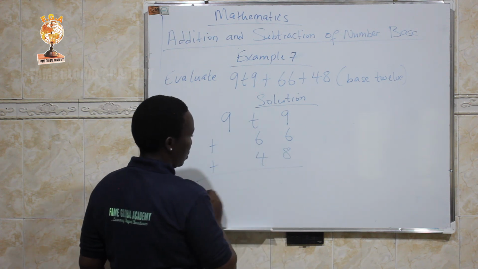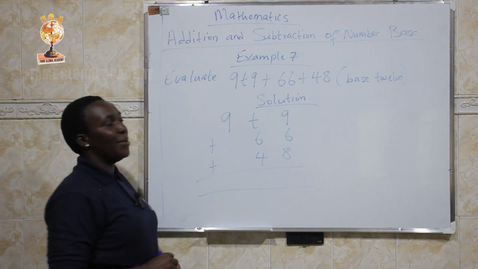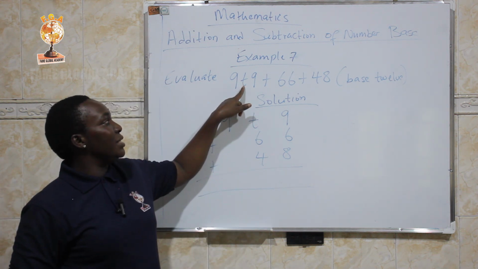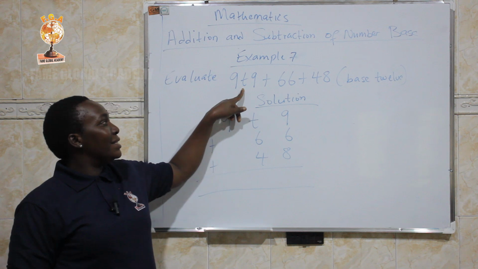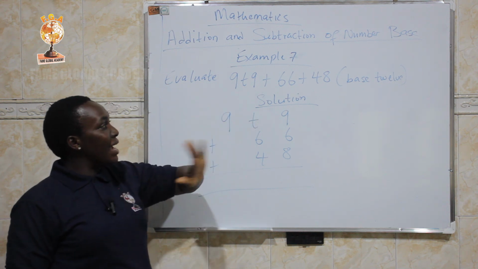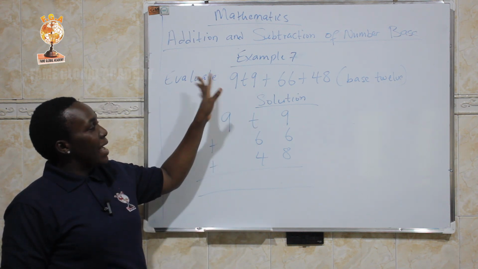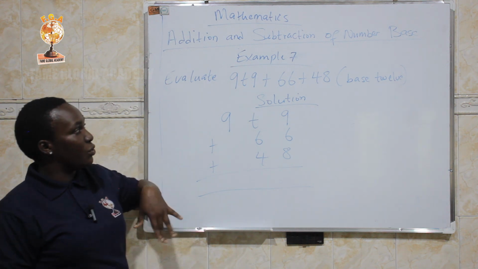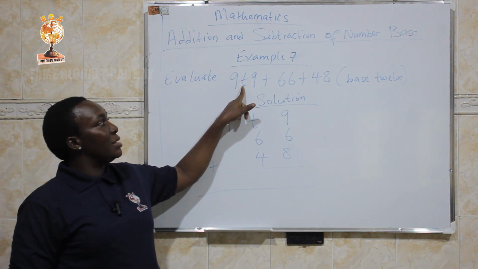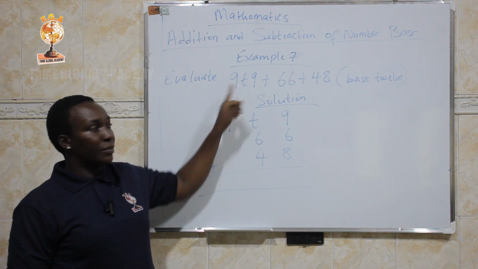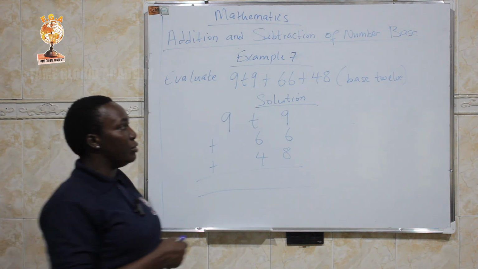Okay, now I know that when you see this T, you'll be wondering, why is T there? In binary numbers, addition or subtraction or multiplication, anytime you see the letter T, T stands for 10. There are 2 letters that are being used.